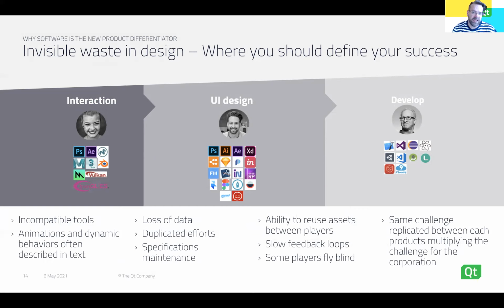And then when the developer gets the designs from the designers, he does some violence on that while actually coding it, and then sends the final UI back to the designers, and then they have to maintain the specifications because the implementation doesn't match the specifications. So this creates slow feedback loops, a lot of effort wasted and frustration between these parties.